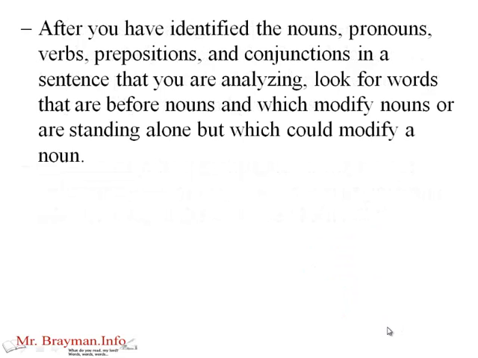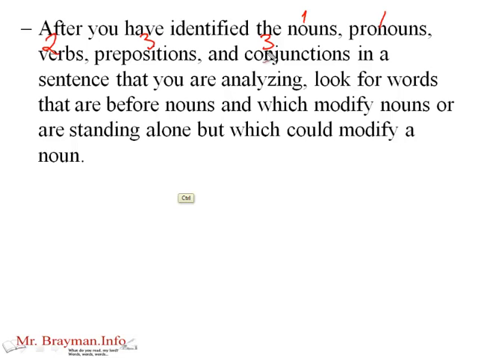Right? And so after you've identified the nouns and the pronouns and the verbs and the prepositions and conjunctions in a sentence that you are analyzing, look for words that are before nouns and which modify nouns or are standing alone, but which could modify a noun. And I know we haven't talked about prepositions and conjunctions yet, but we're going to. But this is really a key strategy, is that you go through, and you do these first, nouns, pronouns, and you do these second, and then you do these third, and usually all you're left with is adjectives and adverbs at that point.